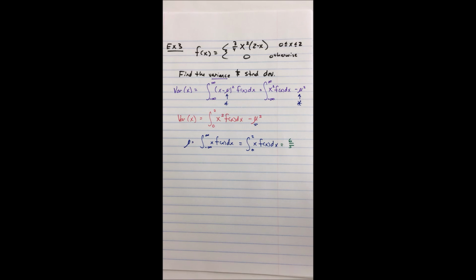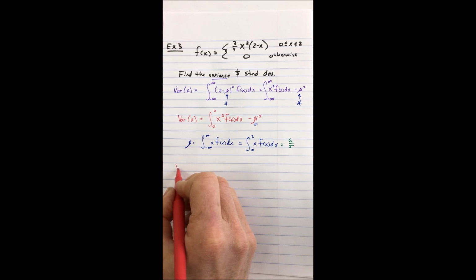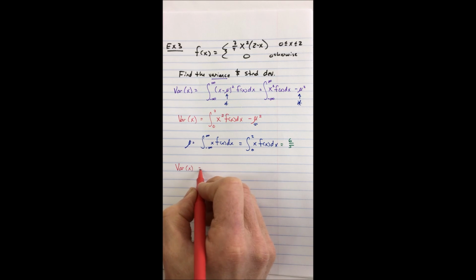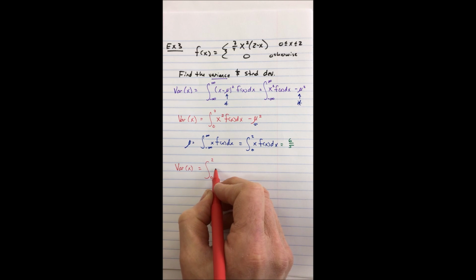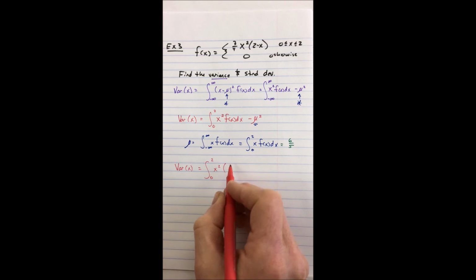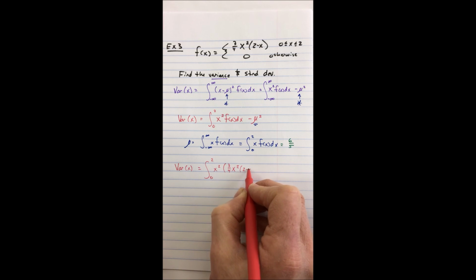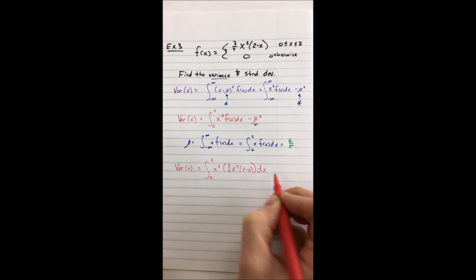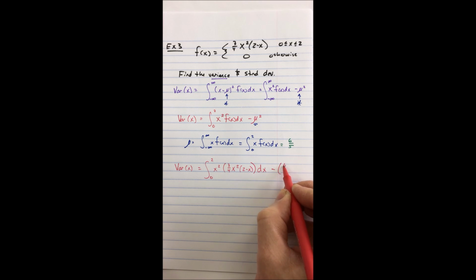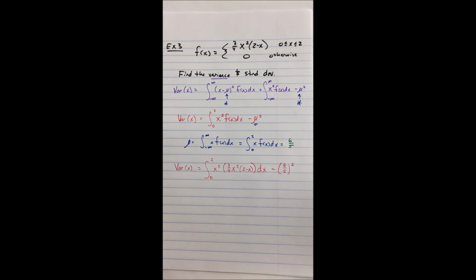So that means that our variance is going to be the integral from 0 to 2 of x squared times f of x, which is 3 over 4 x squared times 2 minus x, and then minus 6 over 5 squared. That's what we should end up with.